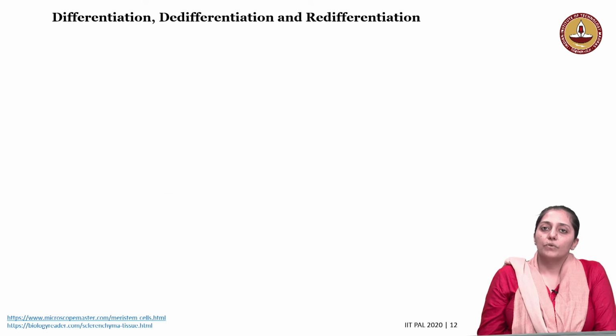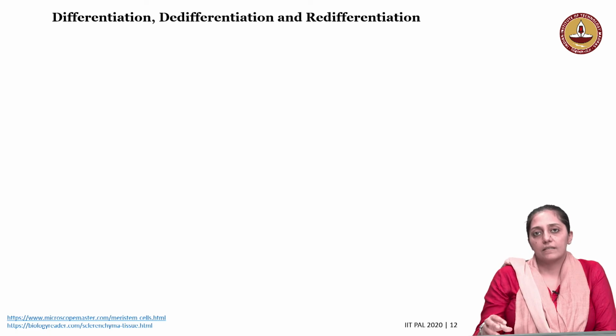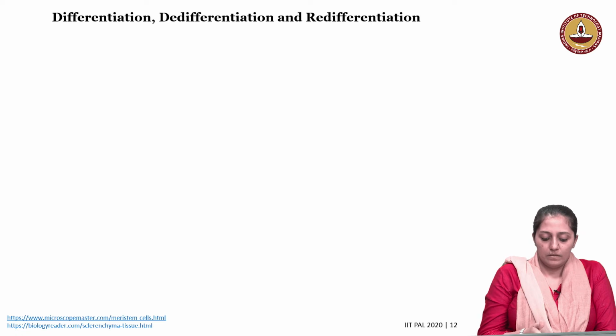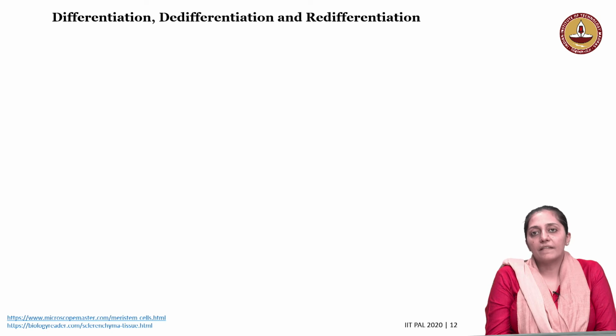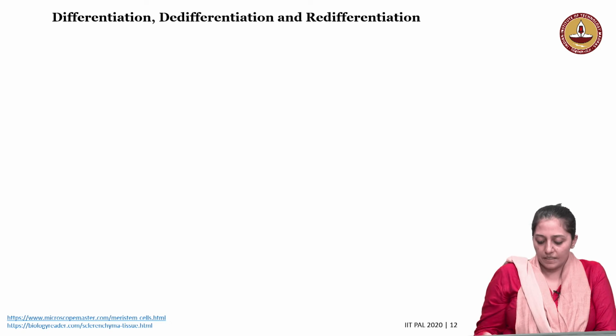Now, what happens during plant growth in the cells? The change in the growth or the development of the plant is governed by three phenomena happening at the cellular level, which are differentiation, then dedifferentiation and again redifferentiation.